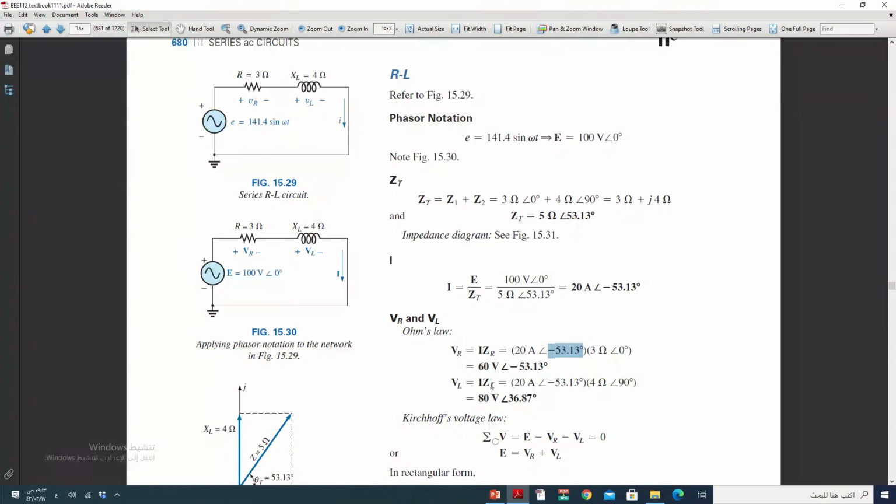I multiplied by ZL will give you VL: 20 with angle minus 53 multiplied by 4 with angle 90. You will add the angle and multiply the magnitude. 4 by 20, 80, and 90 minus 53, you will get 36.